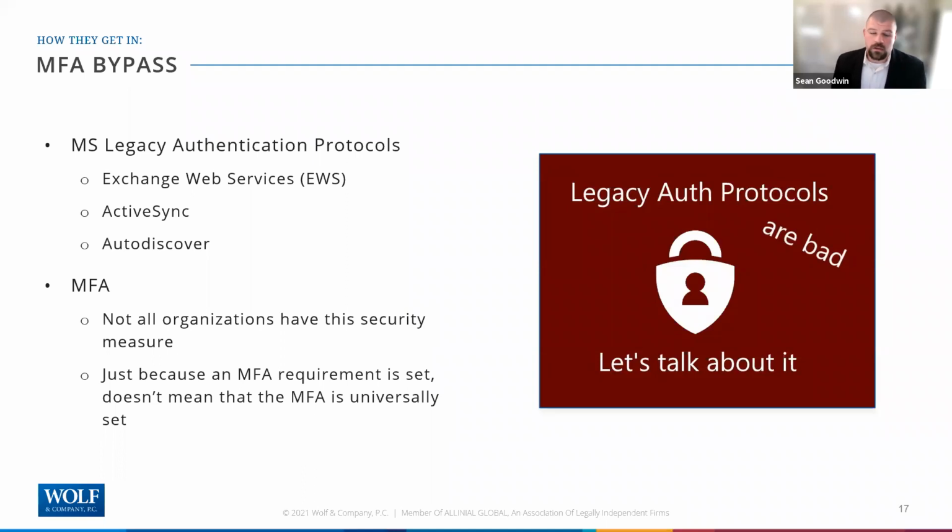So you can log in using a username and a password, regardless of what multi-factor authentication tool you use. You don't need that. And you can now access emails, documents, etc. These used to be enabled by default.